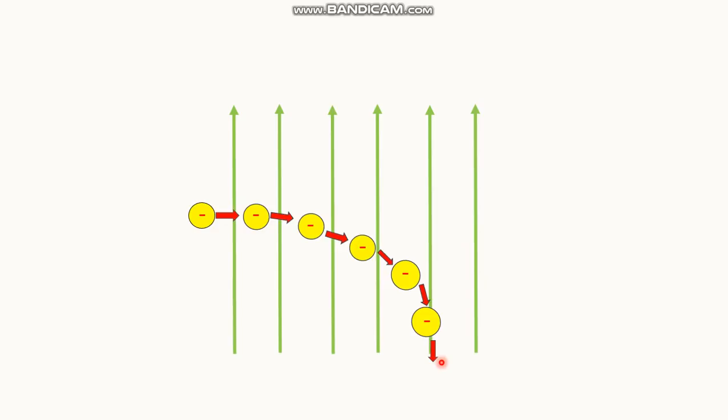If it's a positive charge particle, it will have the same direction as the electric field and tend to move in the same direction. But if it's negative, it will tend to move opposite to the direction of the electric field.